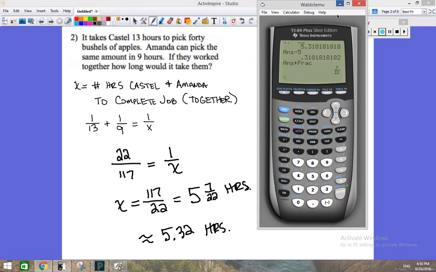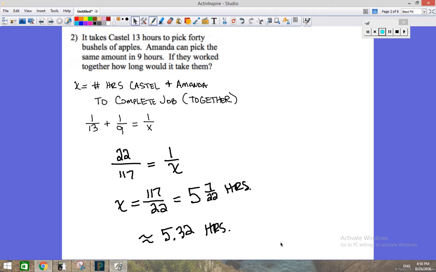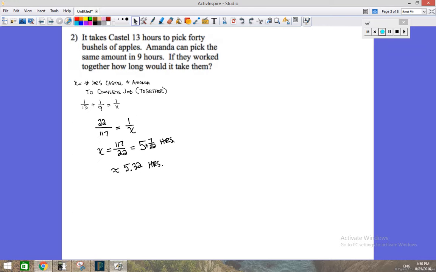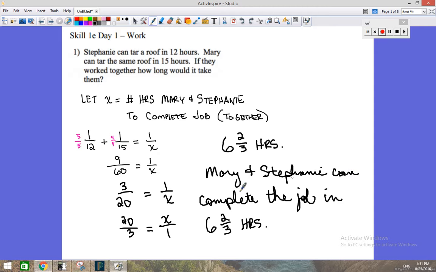Alright. So then you want some type of a short sentence, some type of a quick summary that includes your units and what it represents. So last time we said Mary and Stephanie can complete the job in such hours.